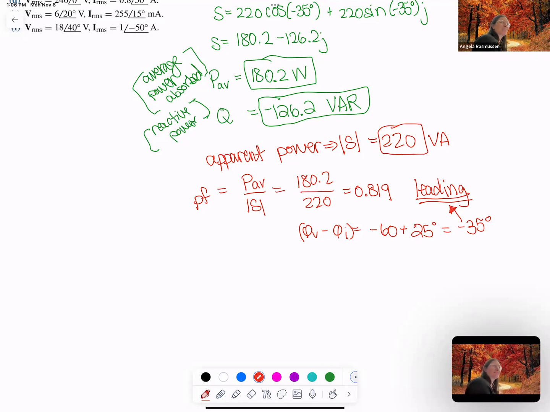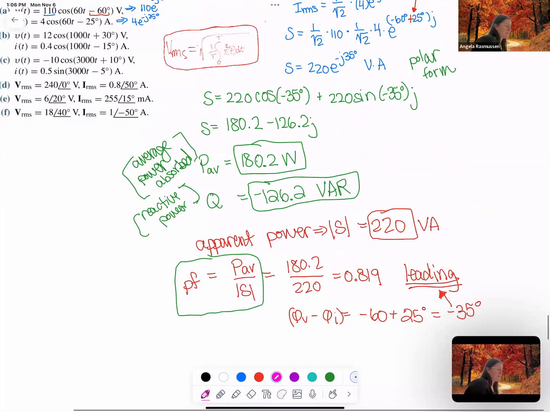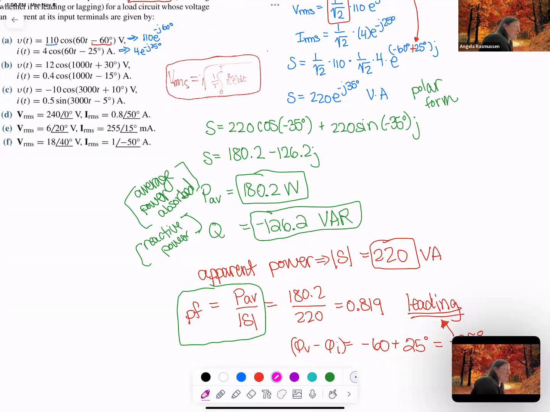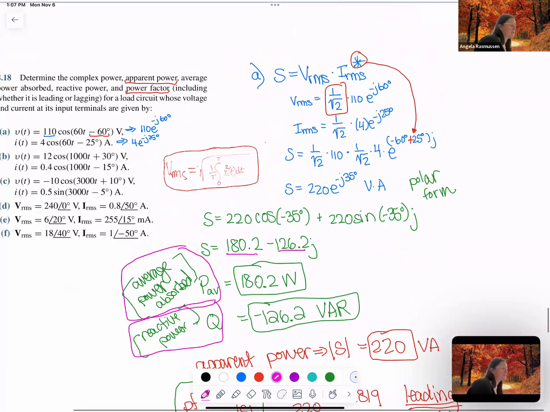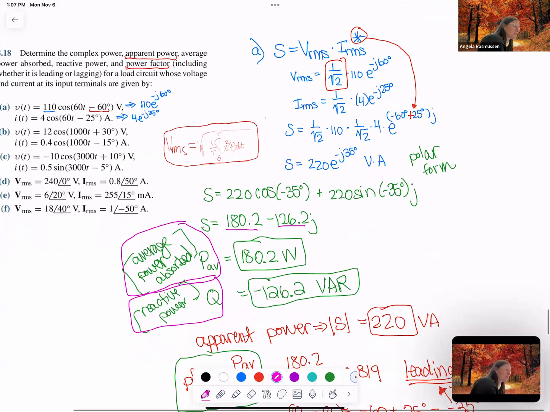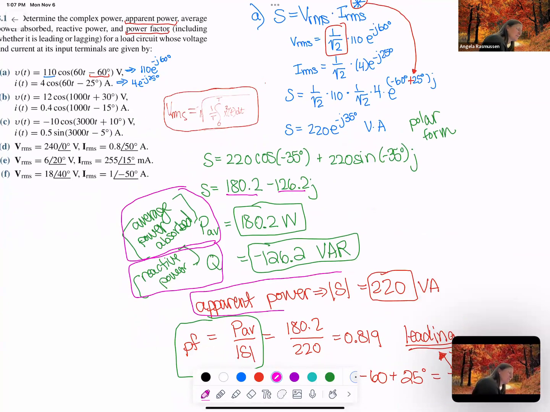All right. So going back, equations you need to know: this PF equation. This term, which is the real portion of S, the reactive power term, which is the imaginary of S, the apparent power is the magnitude of S in polar form.